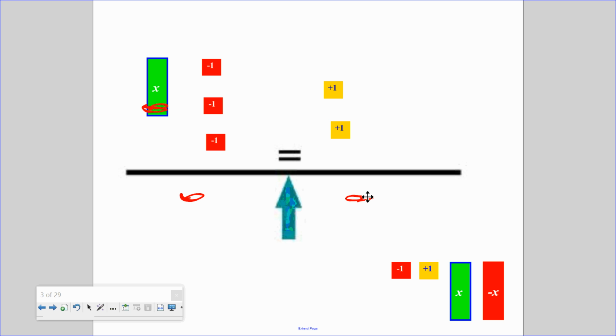In order to isolate the variable, we need to do the inverse operation. We need to get rid of these -1. Any suggestions how to get rid of it? You might say, oh, we'll just get rid of them. No, you cannot just do that.